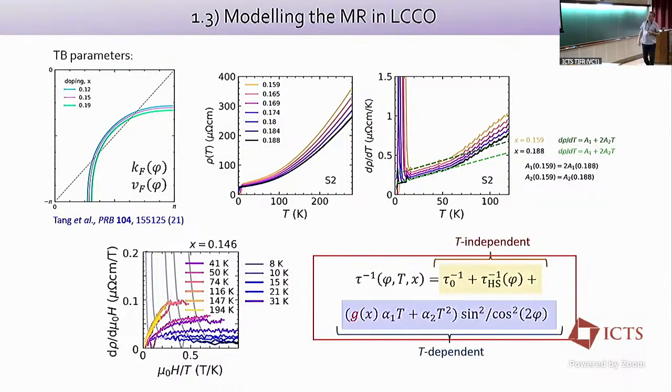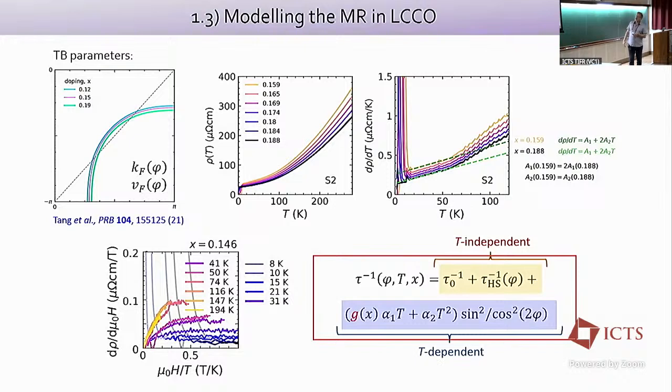Okay, so we have a T-independent term given by an isotropic elastic scattering plus the presence of these hotspots, and then this T-dependent component, which we know from here has this T and T squared term, and we've just put in a simple fourfold anisotropy of this component. So this looks quite complicated, but all these parameters are fixed from the fermiology and also from the resistivity.